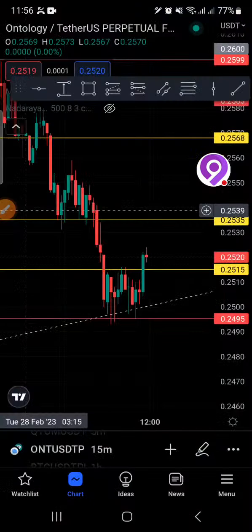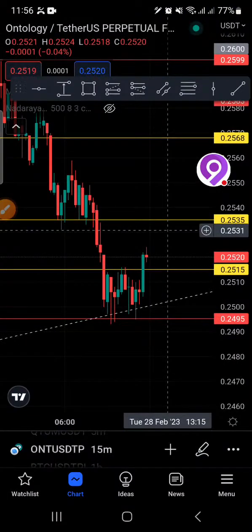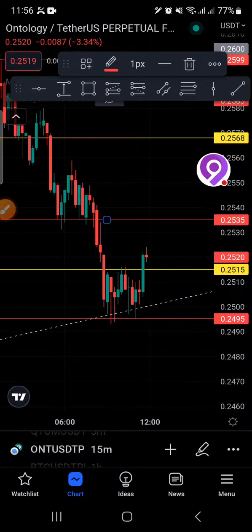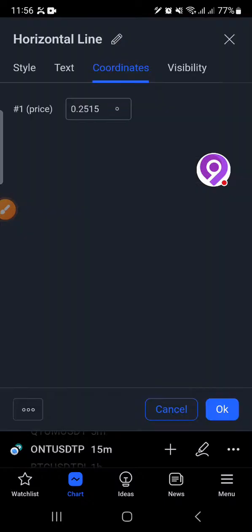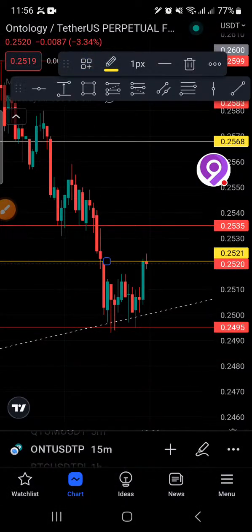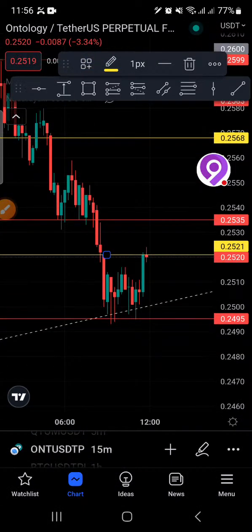2521. Okay, so this is the pullback. Let's make it red. So this is 2521. Can you see? Any small movement, I'm in profit.